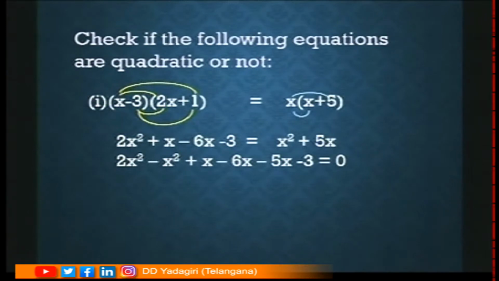When we transpose the terms, +x² becomes −x² and +5x becomes −5x. So we get the equation as 2x² − x² + x − 6x − 5x − 3 = 0. Now let's simplify this. We get x² − 10x − 3 = 0.